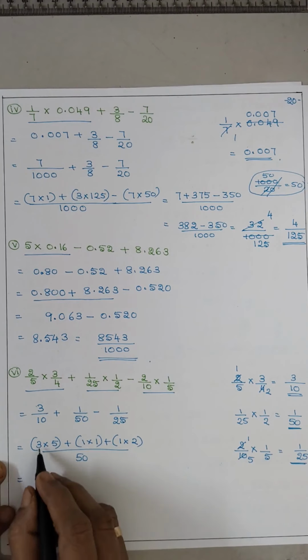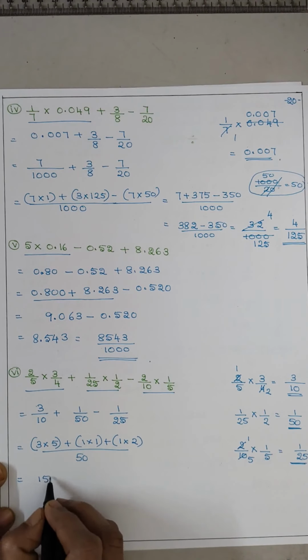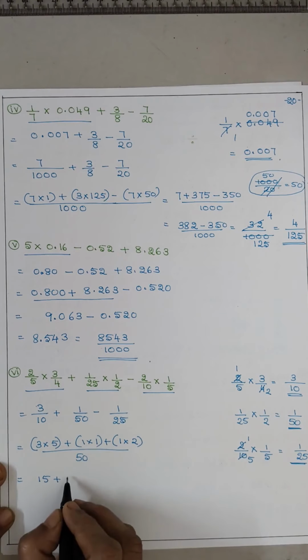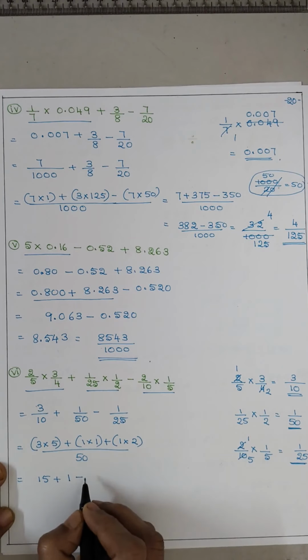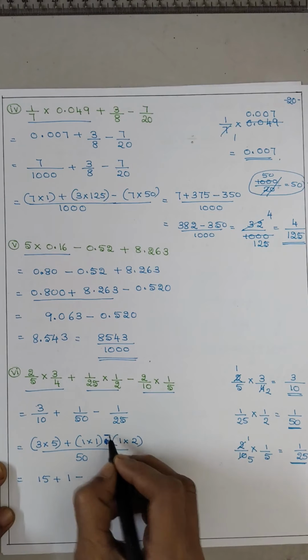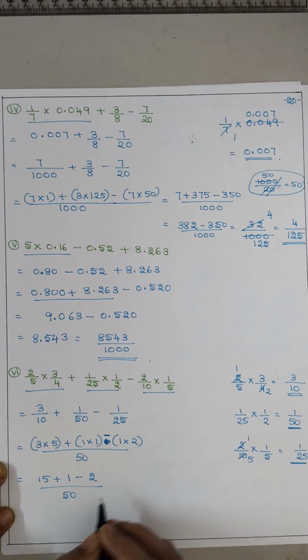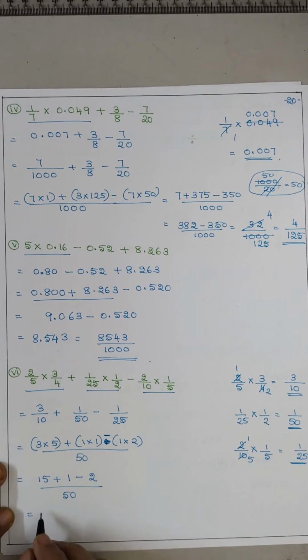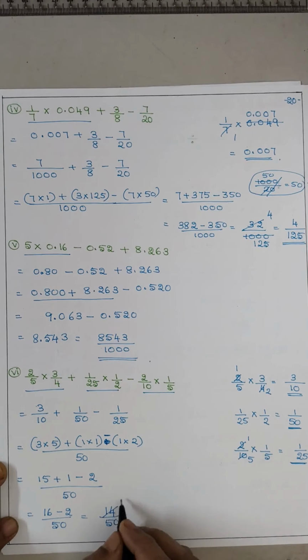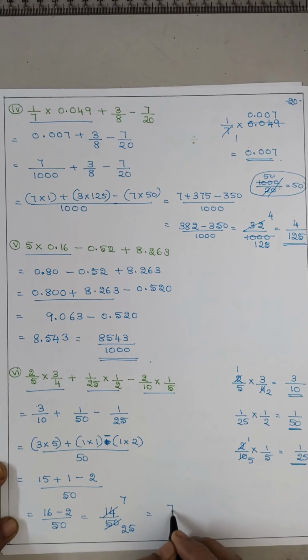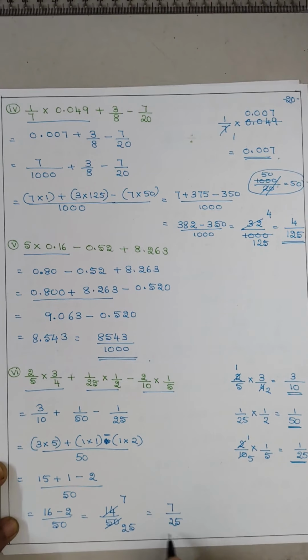So it will be 3 5s are 15 plus 1, this is minus 1 2s are 2 upon 50. It is 16 minus 2 upon 50, that is 14 upon 50. 2 का टेबल में 2 7s are, 2 25s are. So the final answer is 7 by 25.